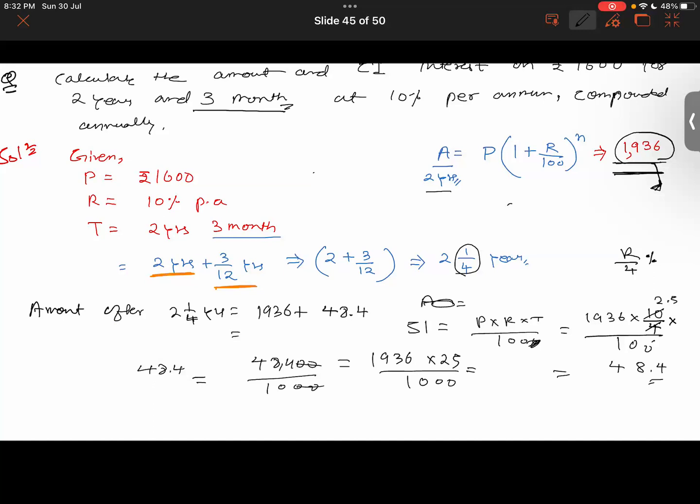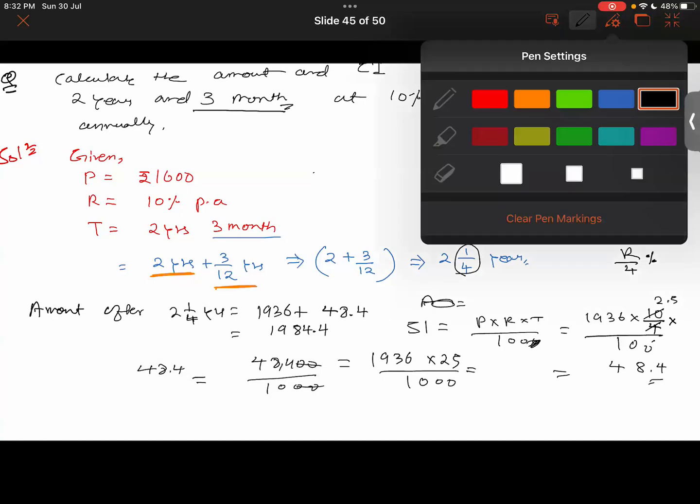So that gives you your answer here. Getting it, guys? Yes, sir. So that gives you the amount. So it's going to be 1984.4. Now the question is, what about the compound interest?